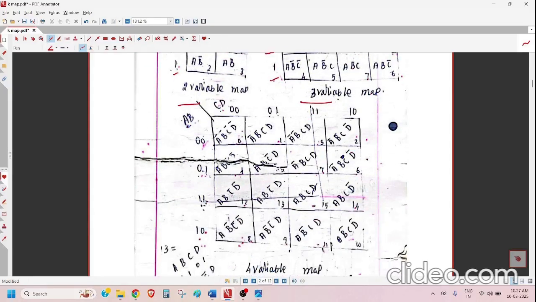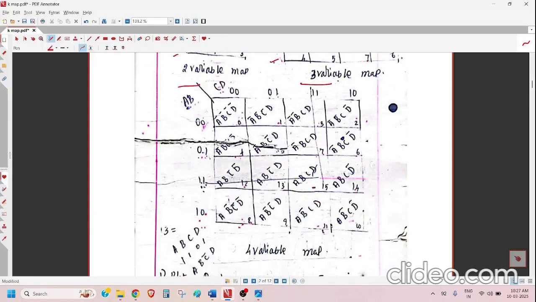Next, this is the four variable K map, with two inputs on the left side and two inputs on the right topmost side, that is AB, and this side CD. So 0 0, 0 1, 1 1, 1 0. Likewise 0 0, 0 1, 1 1, 1 0. If you want to find the answer for this box, it is very simple.